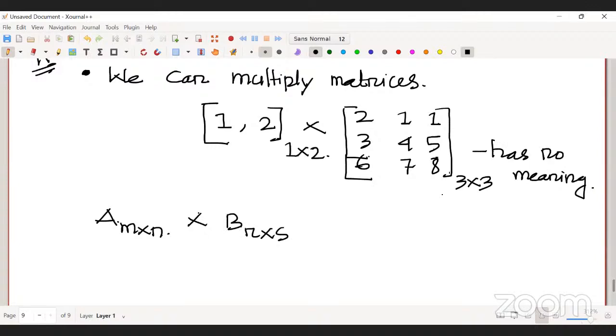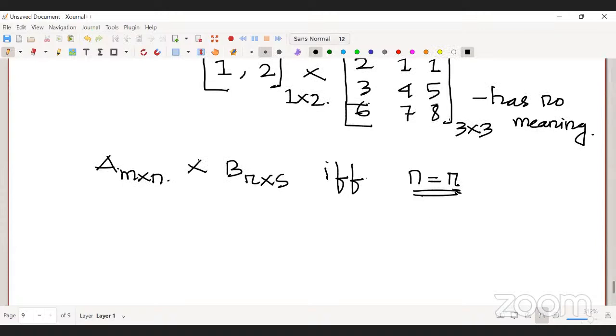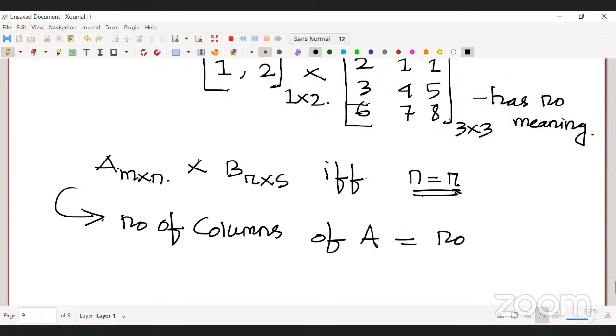The matrix multiplication is defined if and only if n equals r. So this says that I can multiply the matrix A with B if the number of columns of A is the same as the number of rows of B. When this condition holds, then only you can multiply A with B.